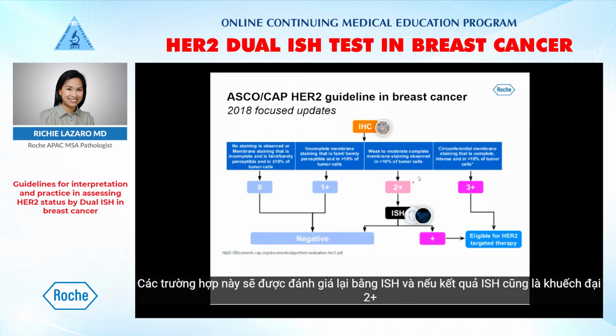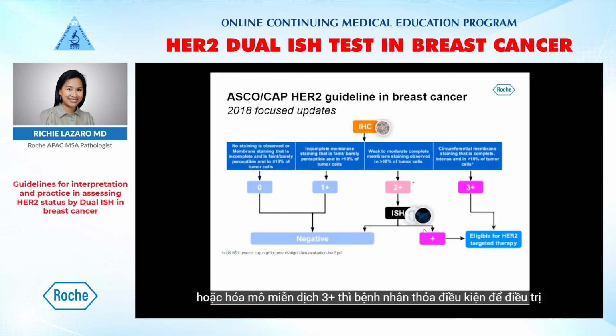And for these, we reflex to ISH, and if the result is either a 2+ ISH amplified case or a 3+ IHC, the patient is eligible for HER2 targeted therapy.